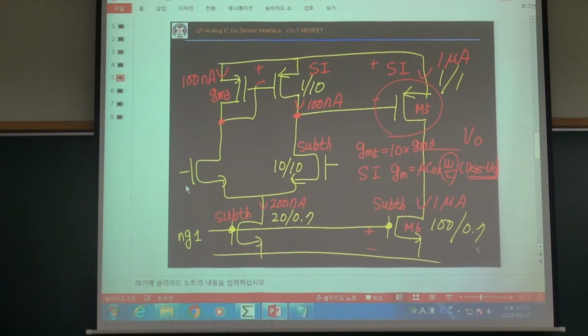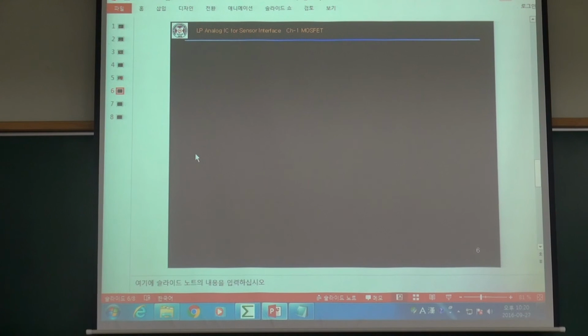The question is why do we increase current at the second stage?